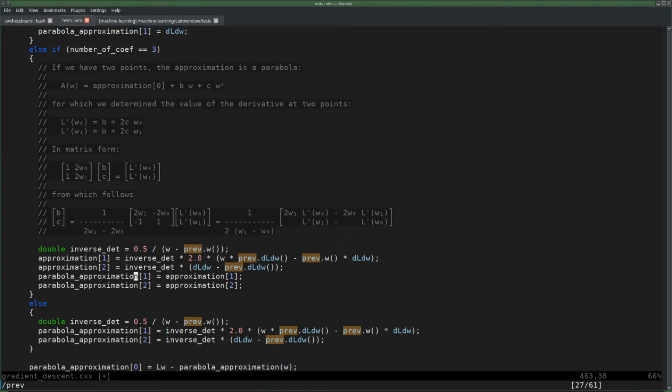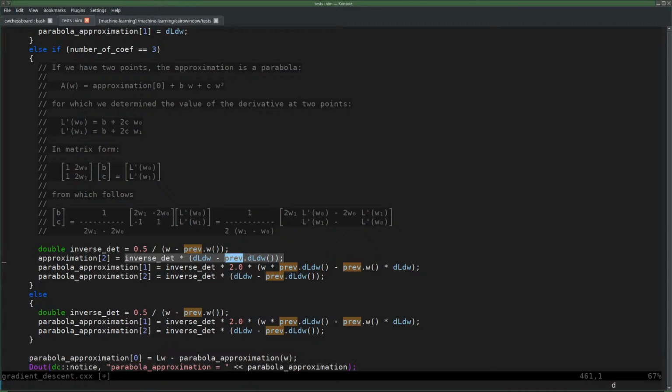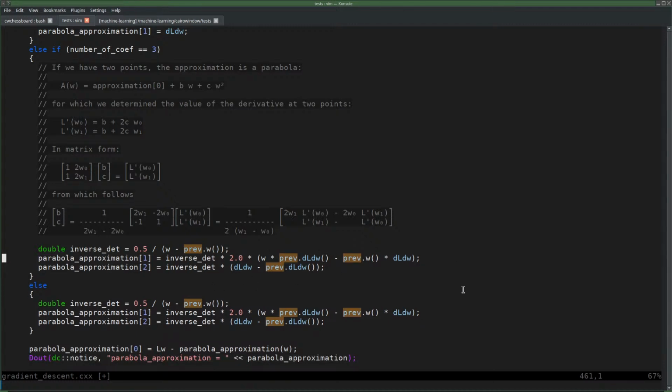So instead, they just assign it directly to the parabola approximation, which I do need. And this can be deleted. And now this code and that code is just the same thing. So I can make this coefficients larger or equal 3.